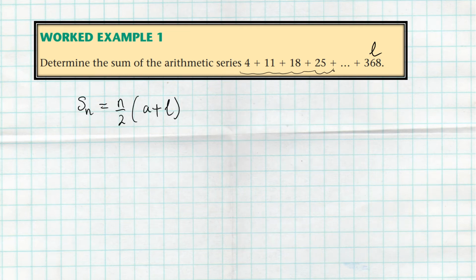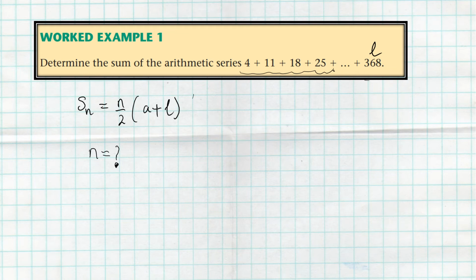Now let's look for our unknowns. We need to know how many terms we are adding before calculating the sum, and that is n. From this series you can't really tell how many terms they're adding, but we can simply calculate it, because they showed us adding 4, 11, 18, 25 up until they reach the last term, 368.